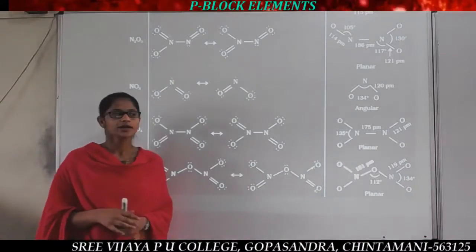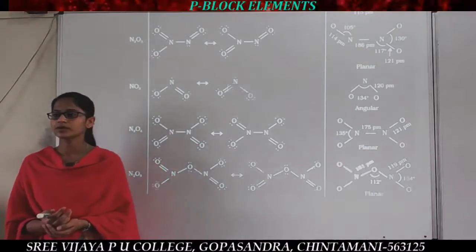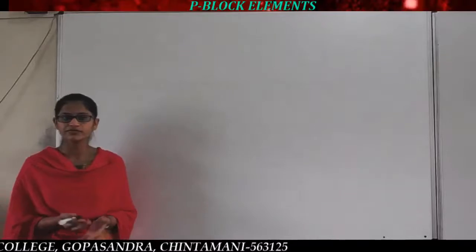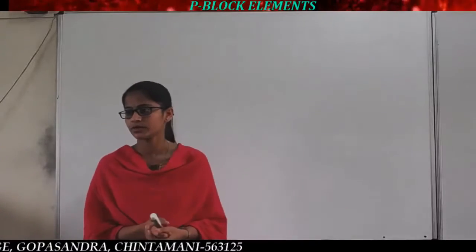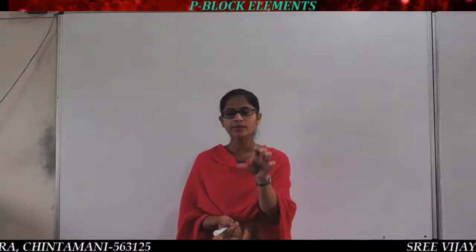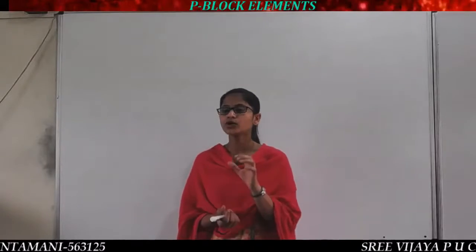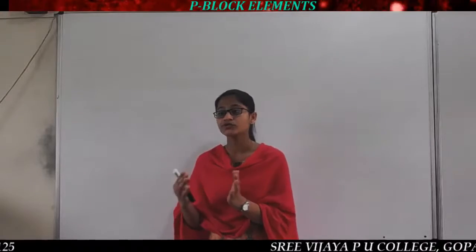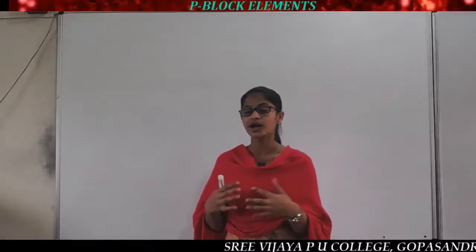Today, let us discuss the other elements belonging to the same family. Last class I told you about one of the elements of the same family, phosphorus. The same group is group 15. Usually these group 15 elements we call nitrogen family elements, or also pnictogens.